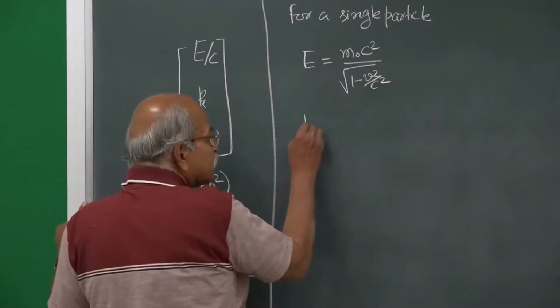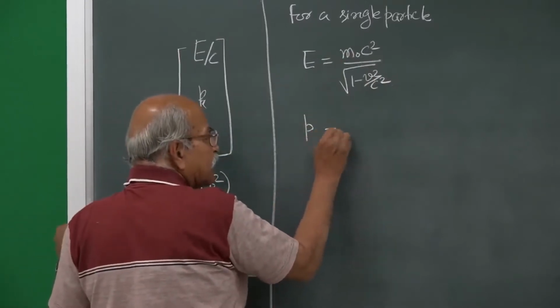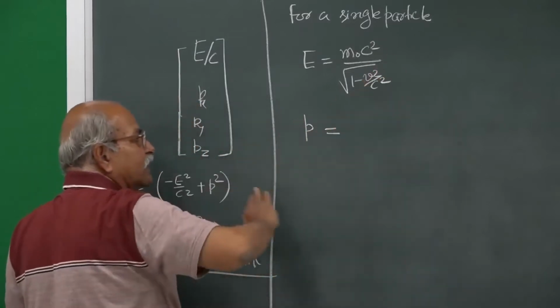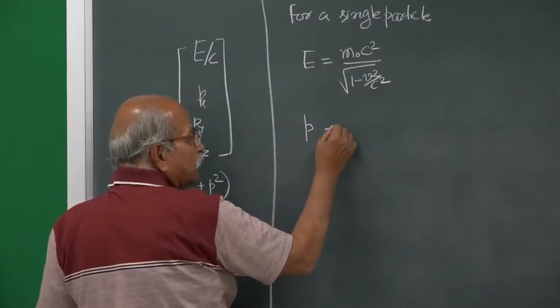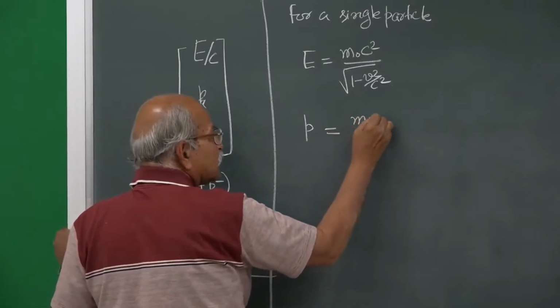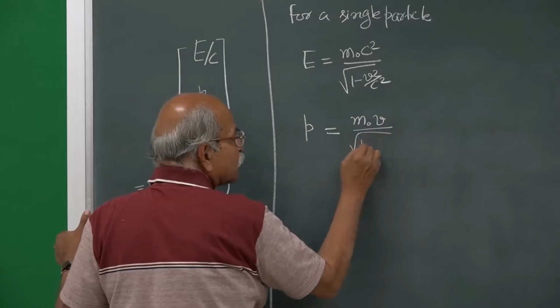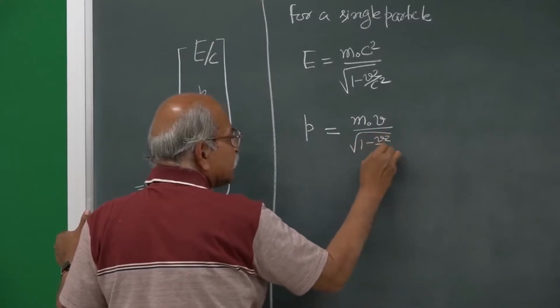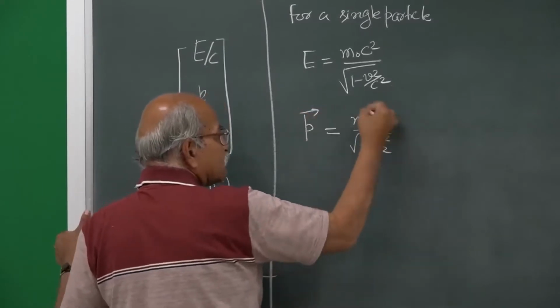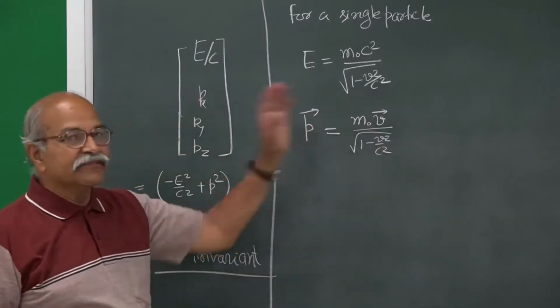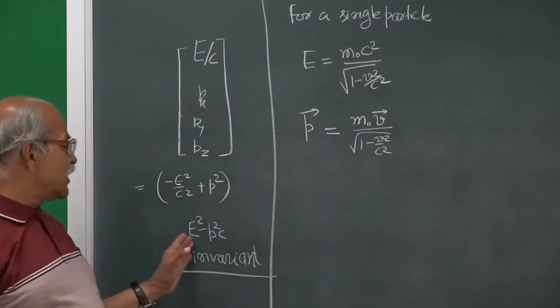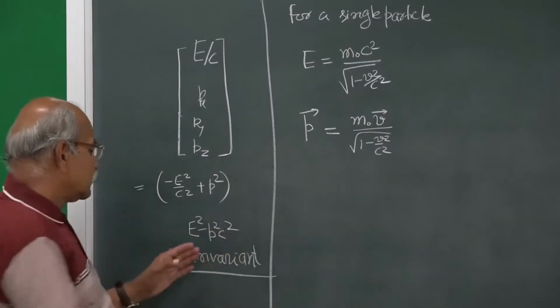and P is given by, let us take going in the x direction. So, P will be m naught times V times gamma, that is, divided by square root of 1 minus V square by C square. If you take the vector, it is this, that is P. So, what is E square minus P square C square?